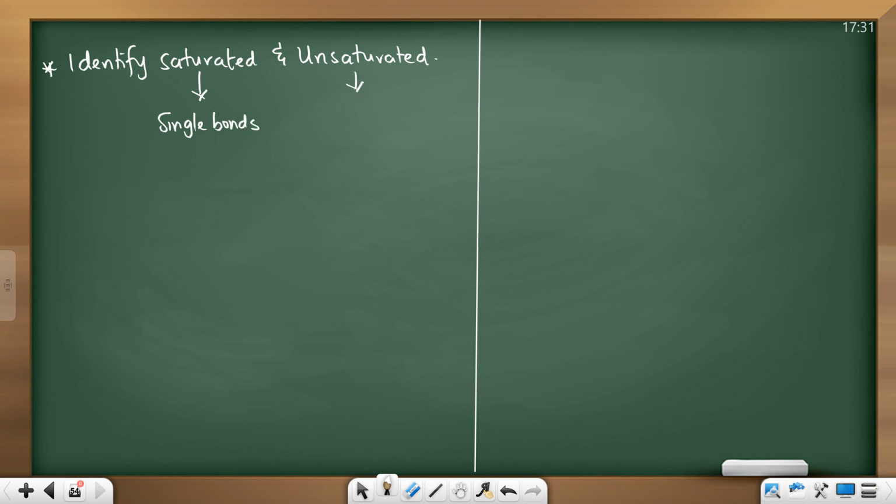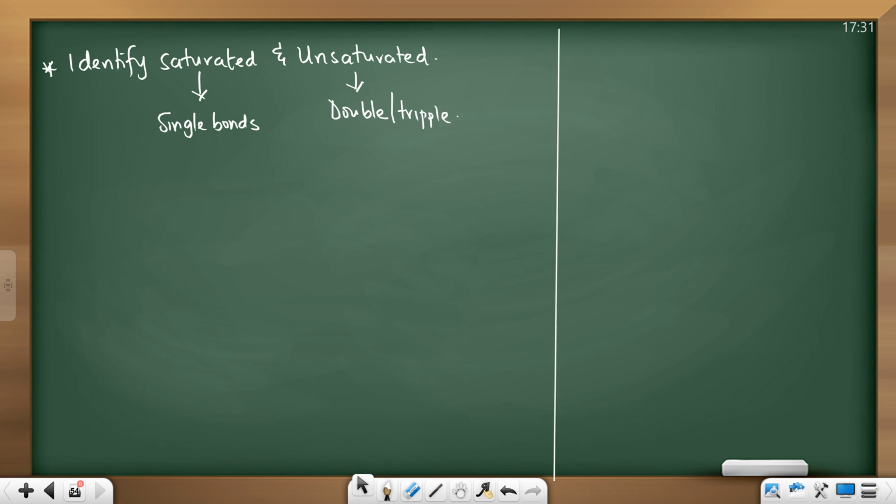And for unsaturated, what am I looking for? Double or triple bonds, right? And please, I am not saying hydrocarbons. I am saying compounds. So examples of saturated compounds would be what? Your alkane, your haloalkane, and your alcohols.